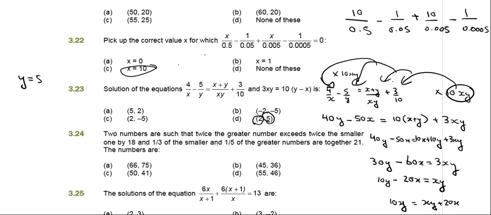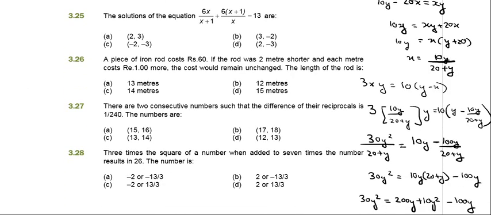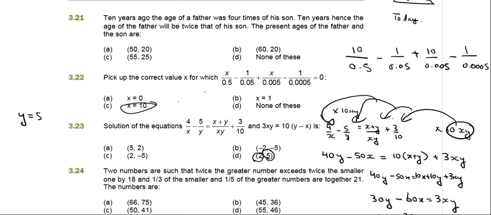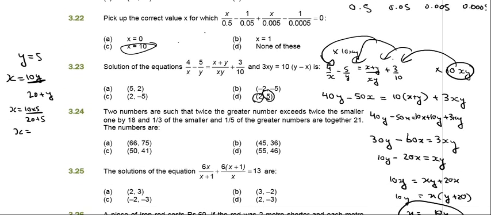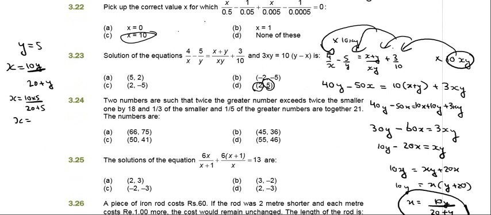To compute x, we have our equation x is equal to 10y divided by 20 plus y. If I substitute 5, it will be x is equal to 10 into 5 divided by 20 plus 5, and x will be 10 into 5 is 50. 50 divided by 25 is 2.